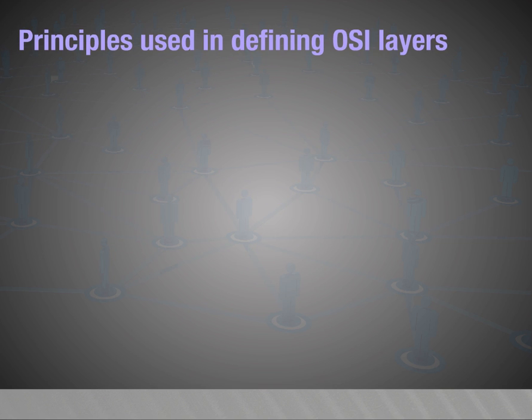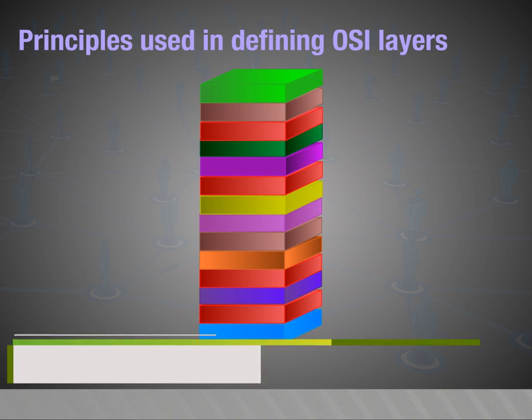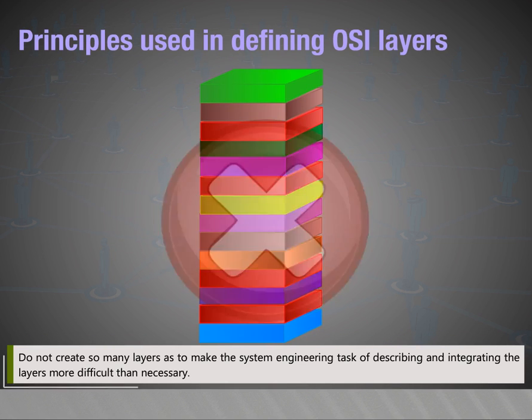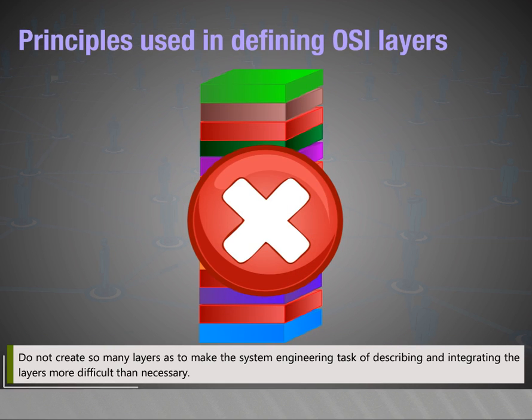Principles used in defining OSI layers. Do not create so many layers as to make the system engineering and the task of describing and integrating the layers more difficult than necessary.